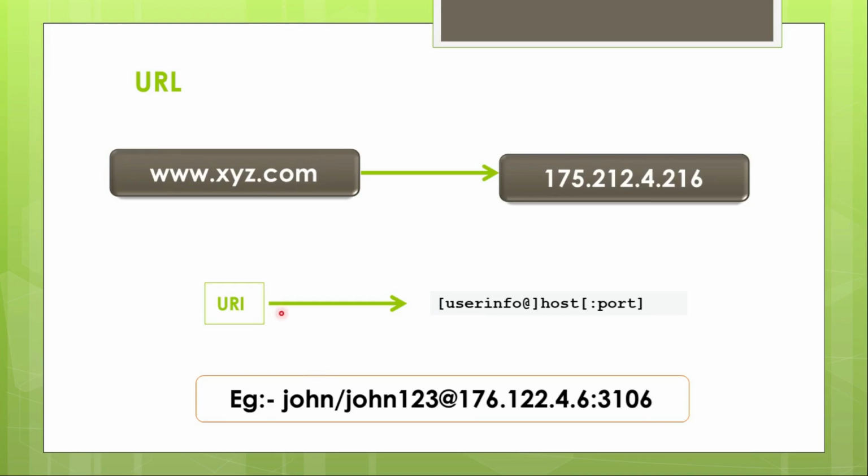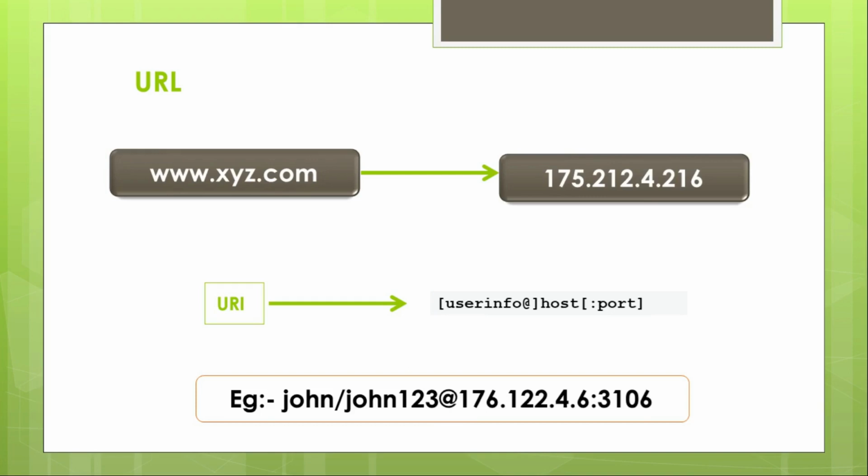If you want to connect one computer to another using a LAN wire, then you need to provide the username and password of the computer that you are going to connect to, the physical location of the computer, that means the IP address of that particular machine, and the port number. Look here: the computer that you want to connect to might have many software packages installed, like Microsoft Office and VLC media player, and many services running on that machine.